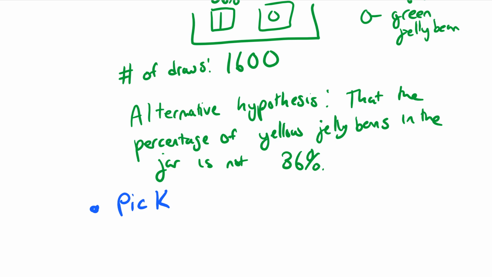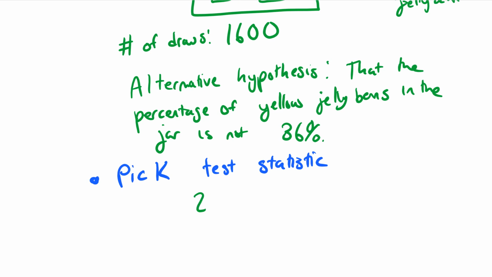Step 2 is to pick a test statistic. This is not an easy step. Luckily for the final, you'll only have 2 options. You'll either be able to pick the Z statistic or the T statistic.